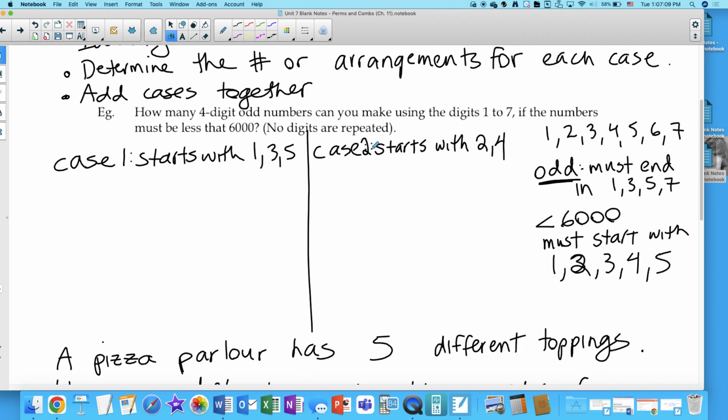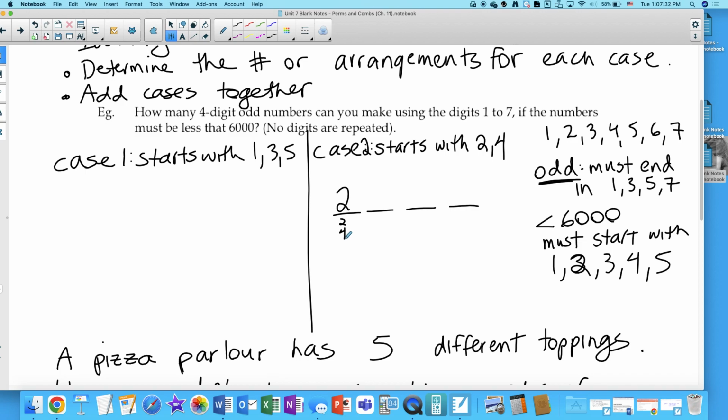Now, I actually think I want to start with case 2 because it's an easier case to think about. In case 2, if it starts with a 2 or 4, how many options do I have for the first digit? 2. This has to be a 2 or 4. And also, this digit has to be odd.